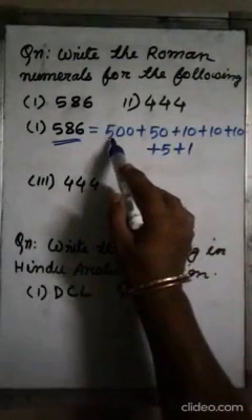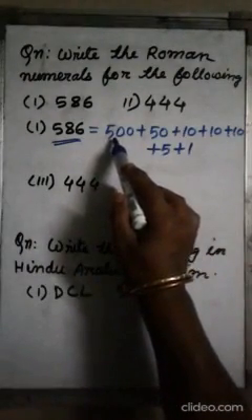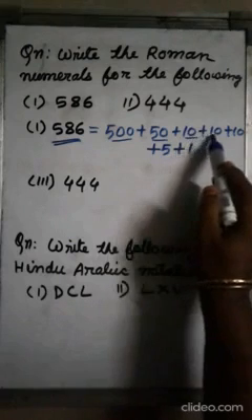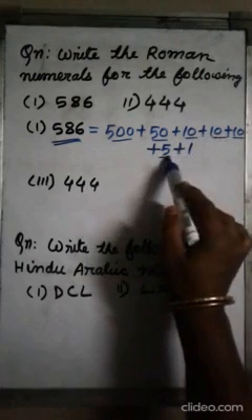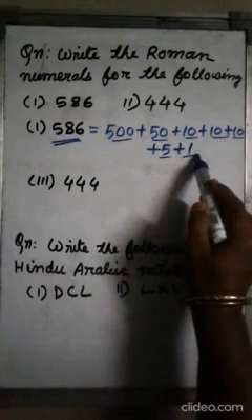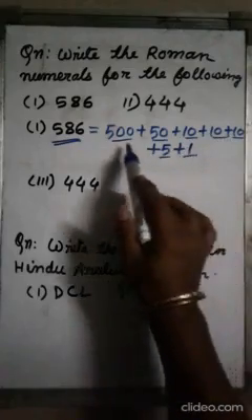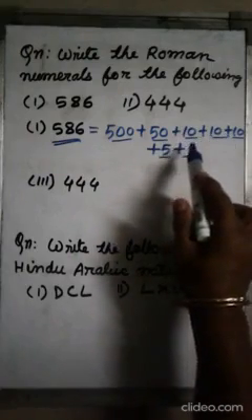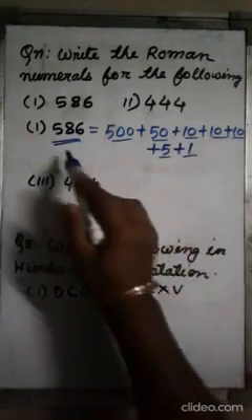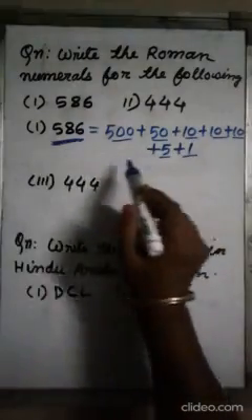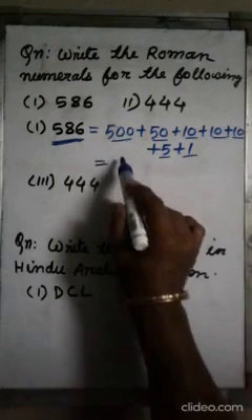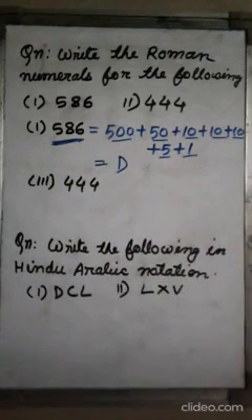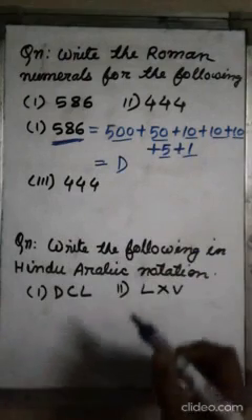So we have a symbol in Roman numerals. For this we have, for this also we have, for this we have, and for this we have. Therefore, I can use these decimal numbers only to break this number. So in place of 500, we have the symbol D in Roman numerals.